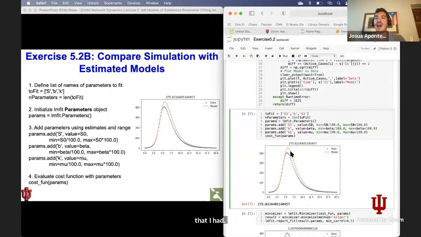And then I can see how far my model prediction is from the data. Does anyone have a guess of what this number up here is? It's also here, so it means it's what is being returned by this call.